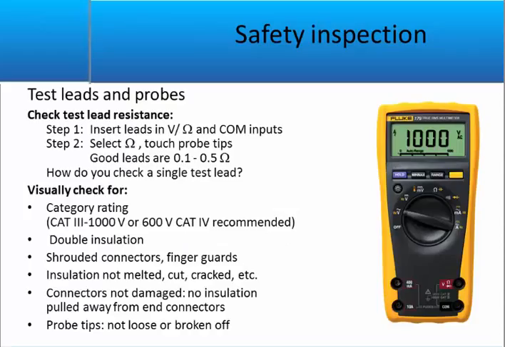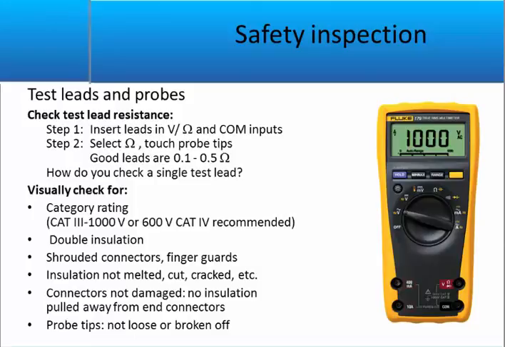So when we look through and make sure that the instrument is suited for purpose, make sure that you check the leads, and that the resistance of the leads is definitely within range.